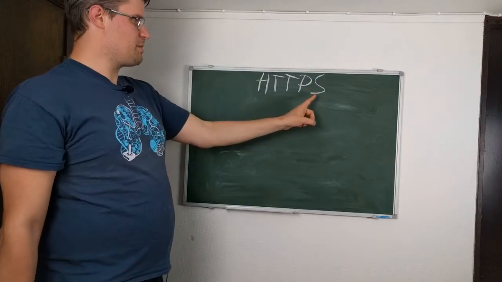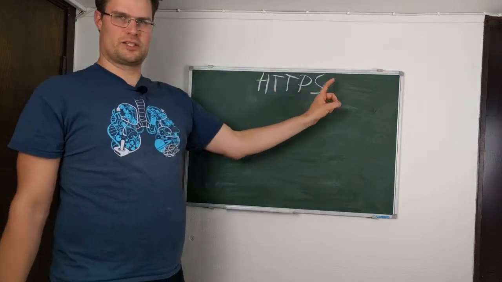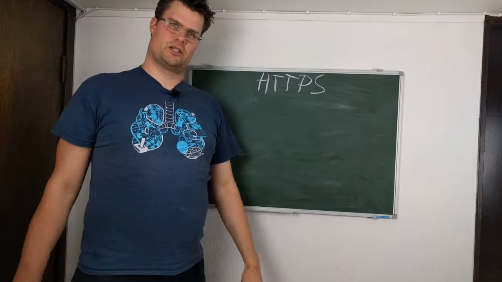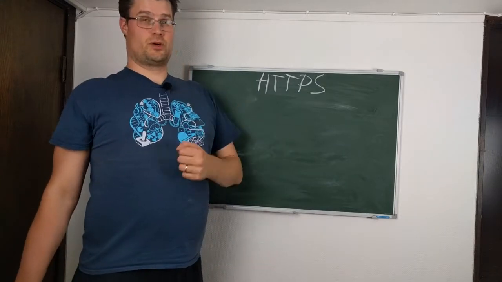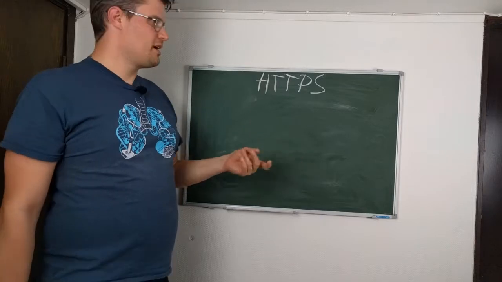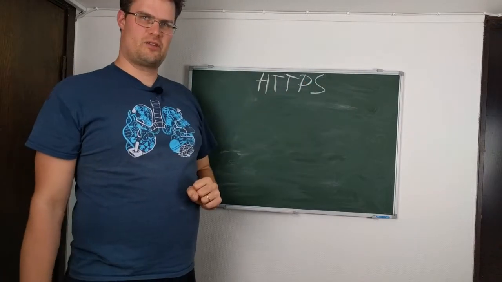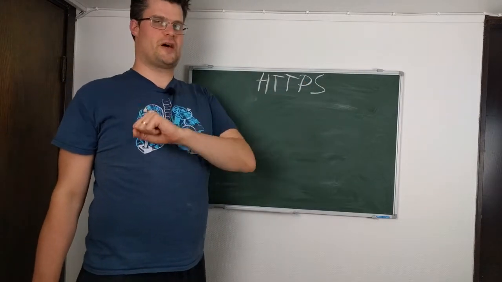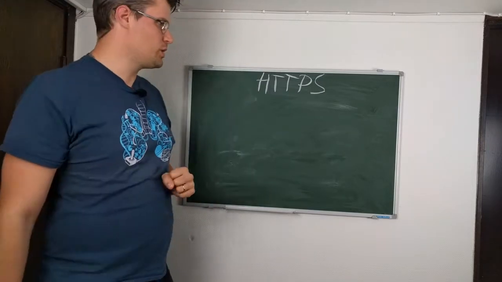So if you are typing in https://www.google.com, you will get a green bar. That means that Google had paid for a certificate, so you can verify that you actually are at Google.